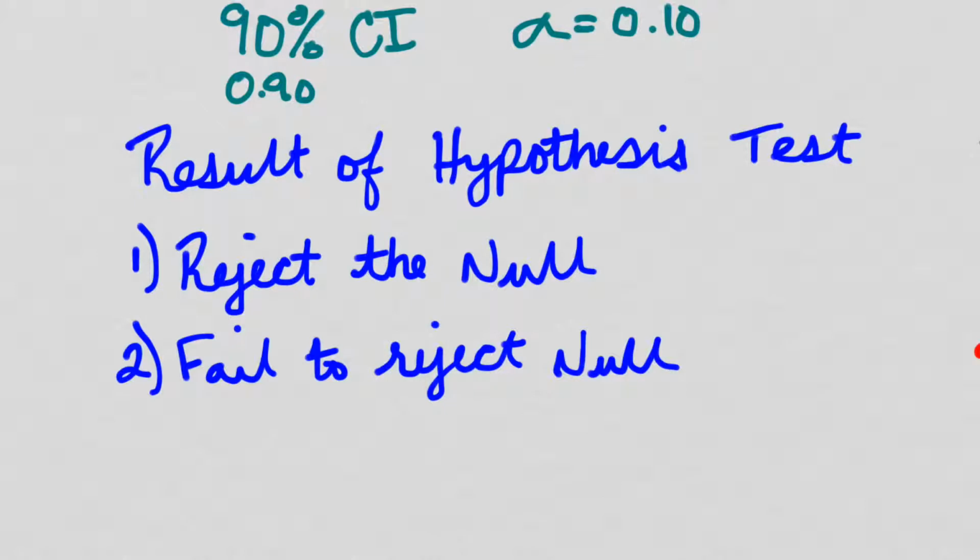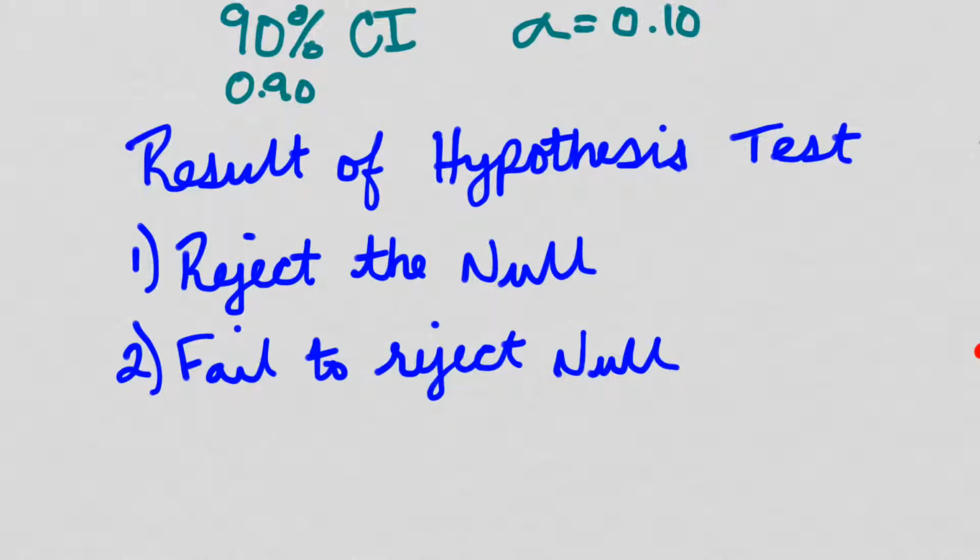When we are analyzing our hypothesis, there are two results we can have. We have our null hypothesis, and we create an alternate hypothesis. We create our confidence interval, we perform some analytics, and we get a result. We can analyze that result and say our null hypothesis was not true, which would be rejecting the null, or we can say we did not have enough data to reject the null.